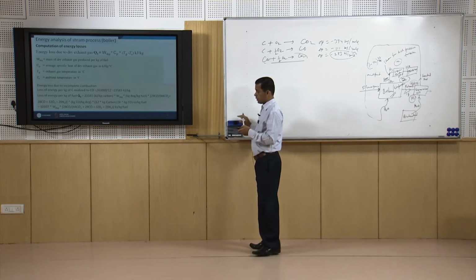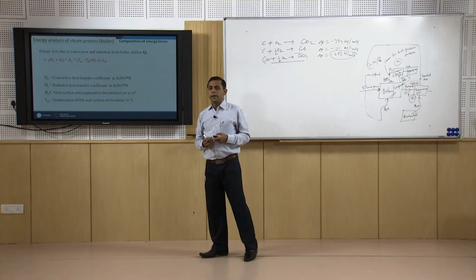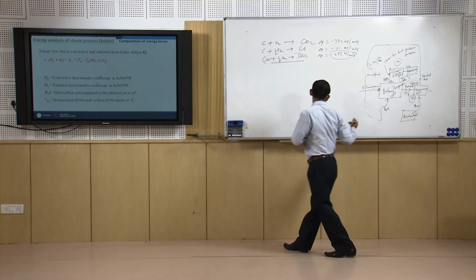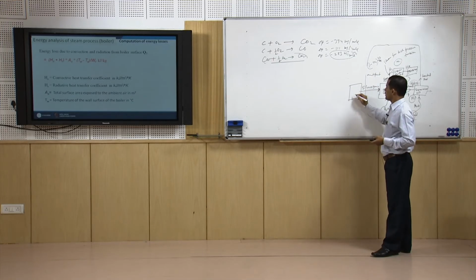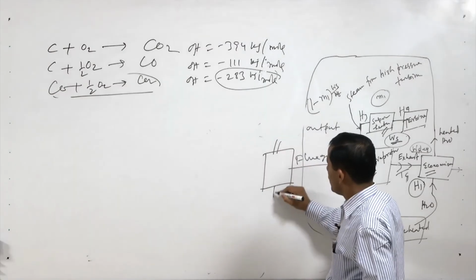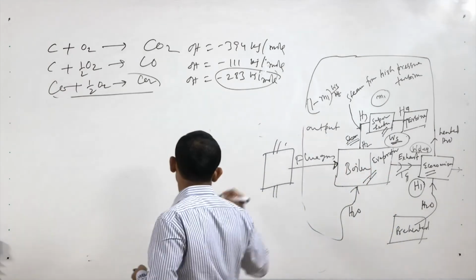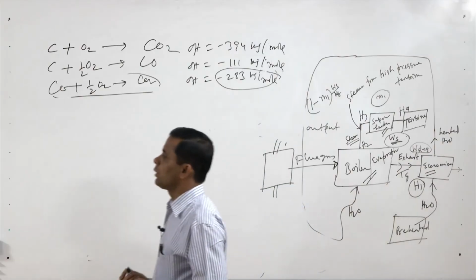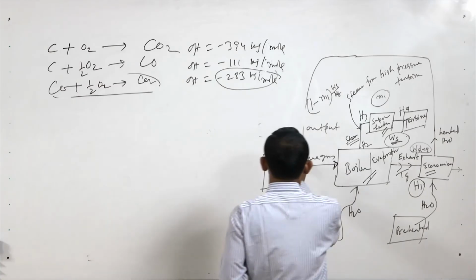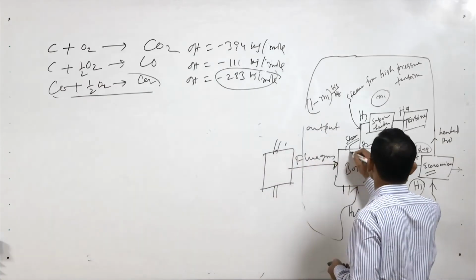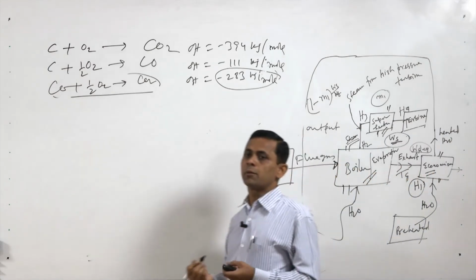Next loss is due to convection and radiation. We have some furnace, some boiler, etc. From the furnace wall there will be heat radiation and convection. If we know the total area exposed to ambient air, everywhere there will be some radiation and some convection loss.